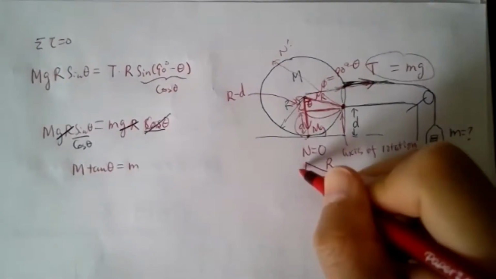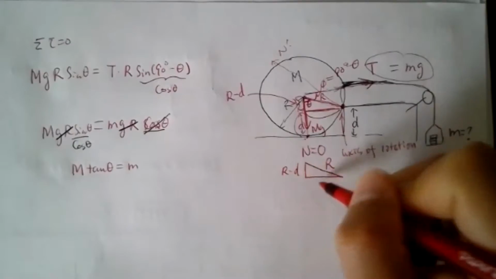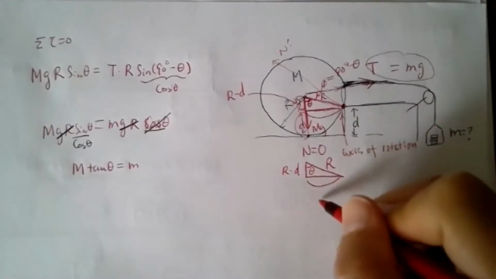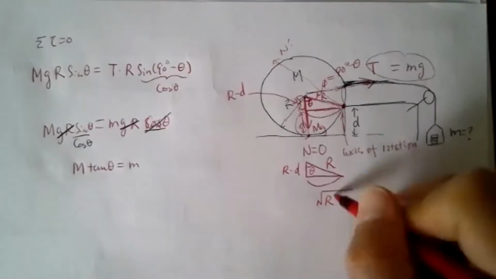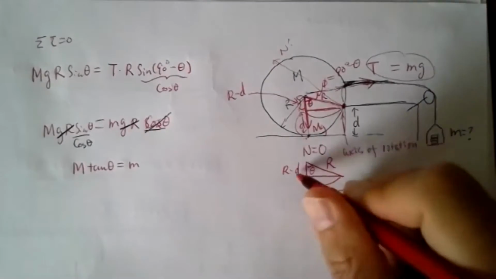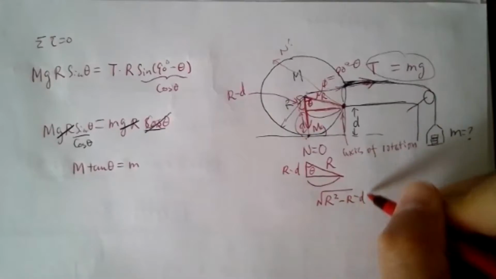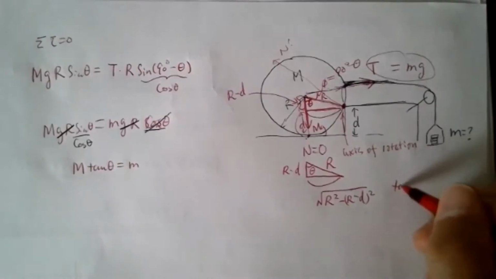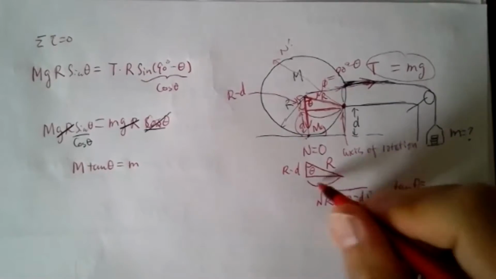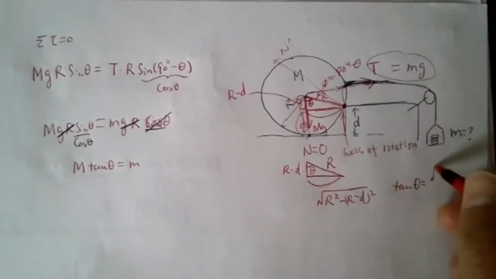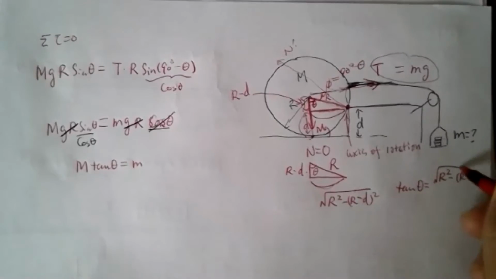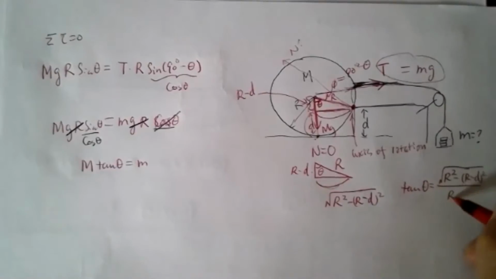This is R, this is R minus D on this side, and this is theta. This side is the square root of the hypotenuse squared minus R minus D squared. So tangent theta is this side over that side: the square root of R squared minus (R minus D) squared, divided by R minus D.